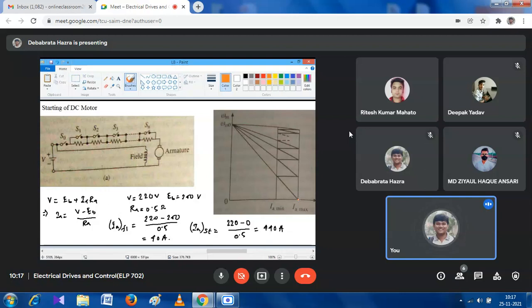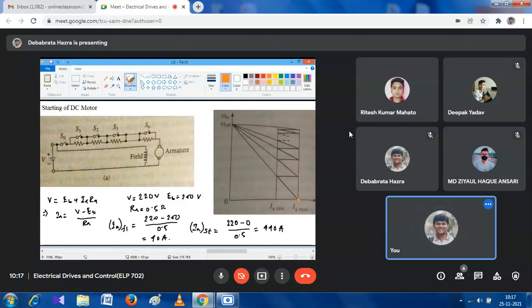Consider this value is IA max. And what will happen after that?